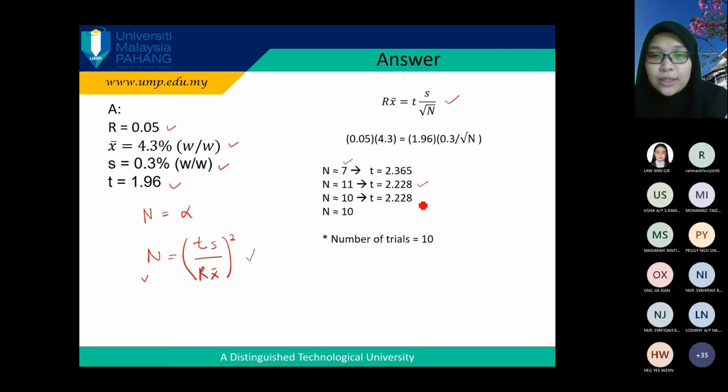Once you get this one, you insert again in the equation, you will get again n equal to 10. So bila dah dapat 2 kali macam ni dah boleh stop lah. So the number of trials or number of replicates is equal to 10. So you need to replicate your measurement 10 times. Kalau buat titration tu kena buat 10 kali.